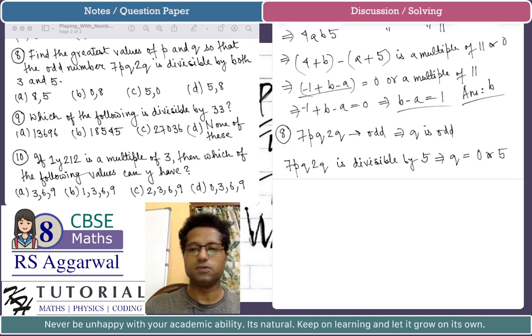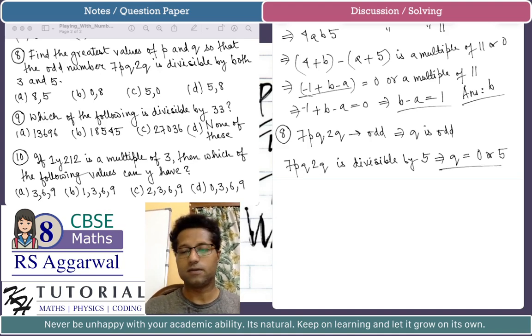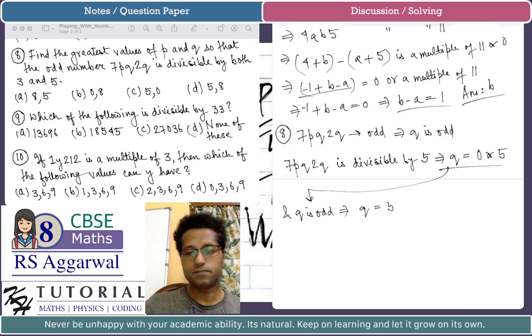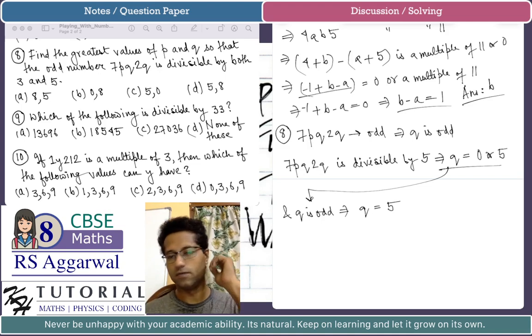Now Q cannot be 0 because we already know that Q is odd. So this fact and that Q is odd implies that Q must be equal to 5.